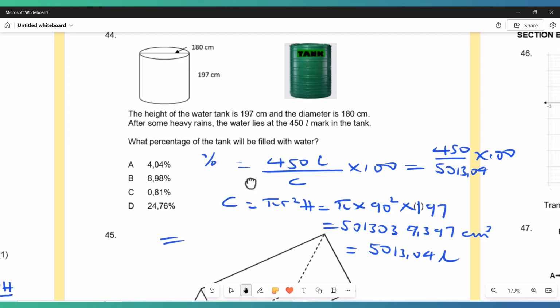On the calculator, 450 divided by 5013,004 times 100 gives me 8,976. So here 8,98. That's our answer, which is B.